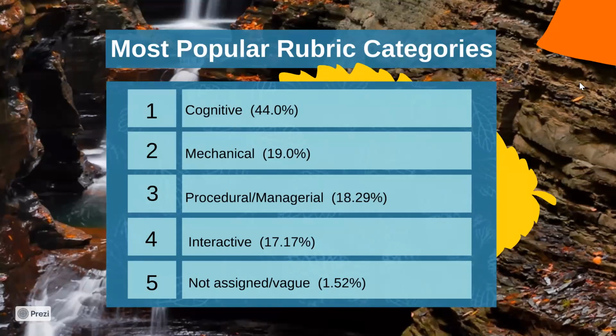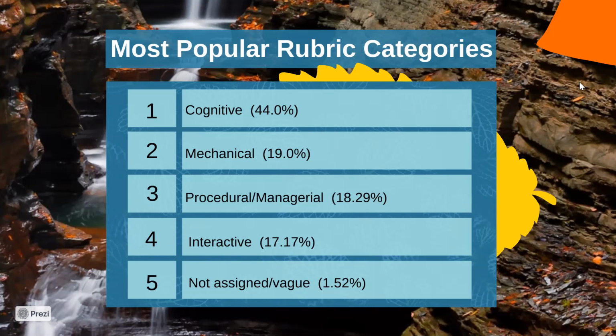But overall, if we break it down into the 5 categories that they had, they found that most things fell within some cognitive evaluation of student performance on the online discussion forum. The next most popular element was a mechanical element, which is how well students used their L2 in the forum.